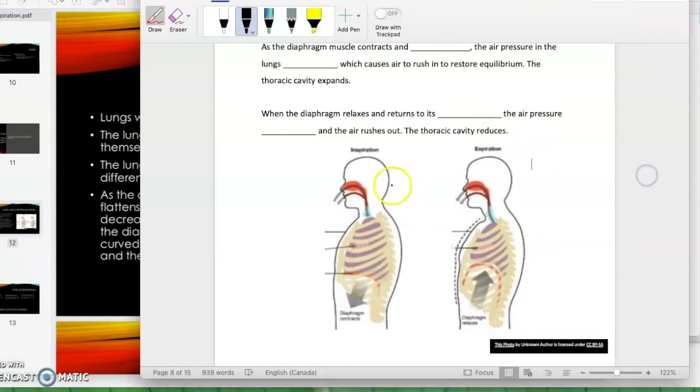So if we look here, just to help you understand it a little bit better, on an inspiration, there's an area of high pressure outside of the body. We're just going to put "high press" because that's too hard for me to write. So this is an area of high pressure. As the diaphragm contracts, it opens this space up, creating an area of low pressure.